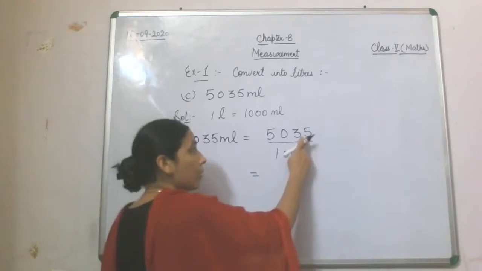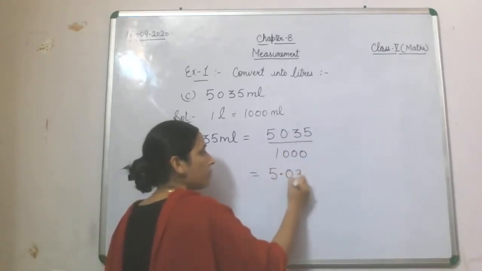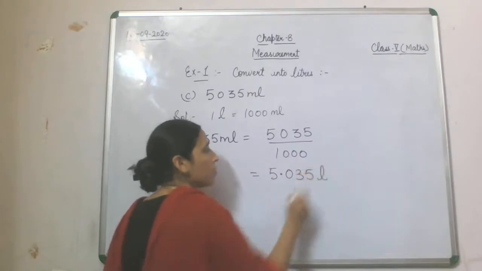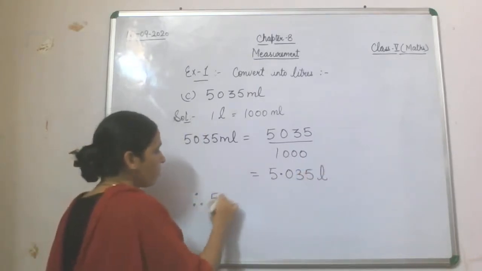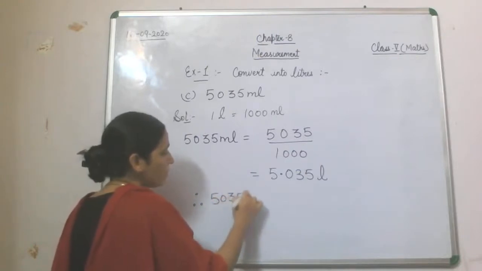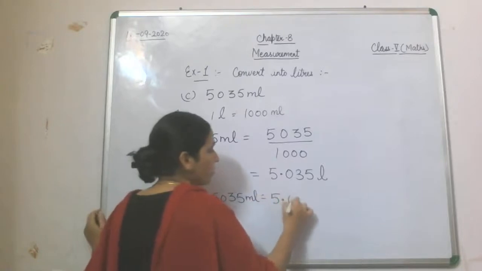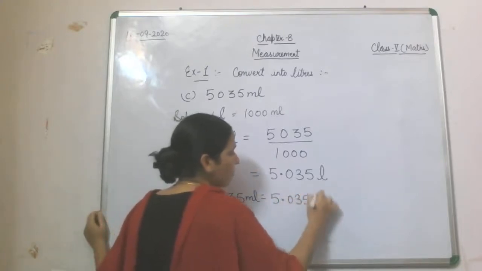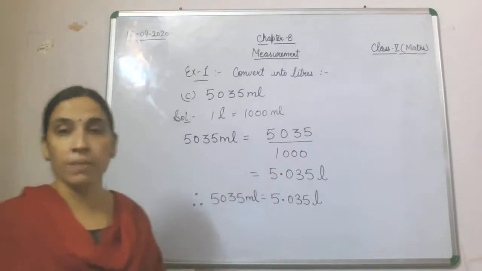We'll count from the back 1, 2 and 3 and put the decimal over here. And the unit will be liter. So we will write, therefore, 5035 milliliter is equal to 5.035 liter.